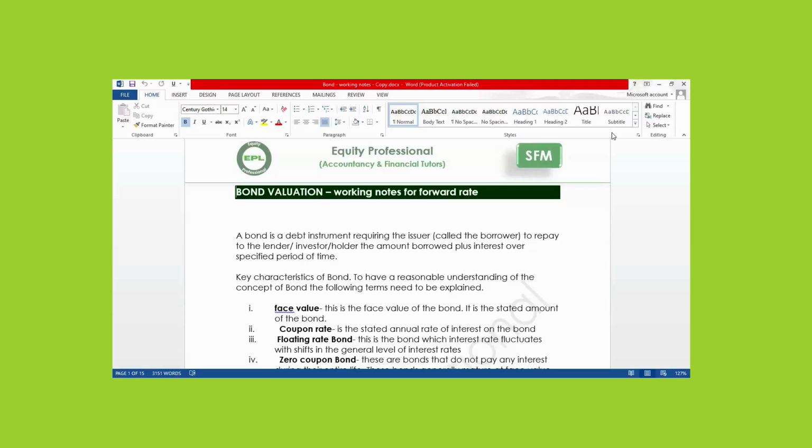If Nigerian Flour Mills issues bond, the issuer is the borrower. The company is issuing bond for the purpose of borrowing money from the investors.